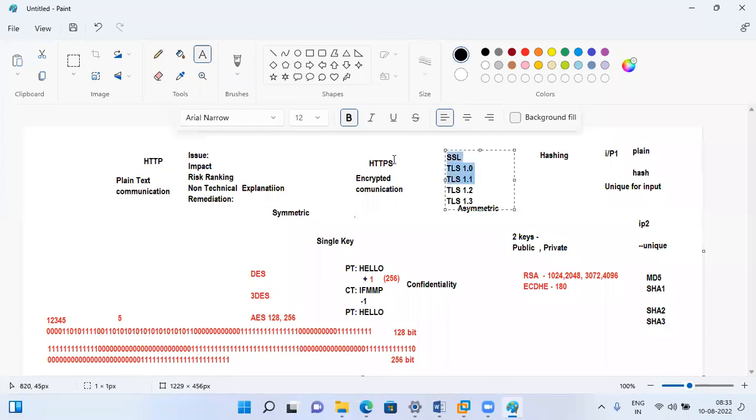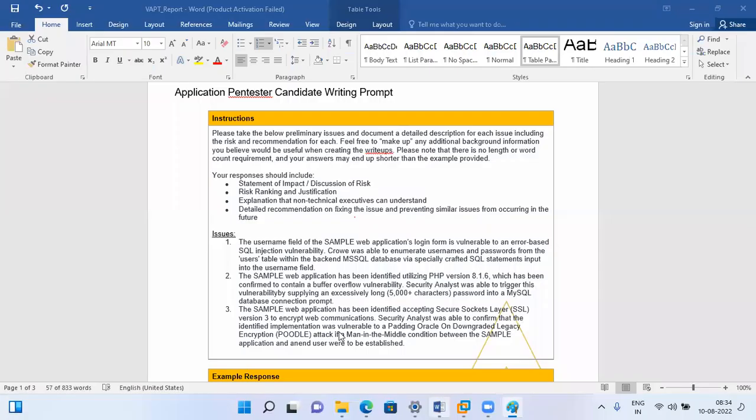These are the older ones, TLS 1.0 and 1.1. If you are using any older versions of the software, you get a vulnerability called the Poodle attack. So the question is, they're asking the details for this Poodle attack. Do some research on the net, try to understand this Poodle attack, then prepare the report for me. If you can share it by 9:30, also fine.